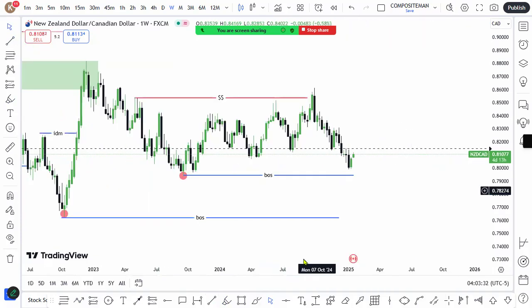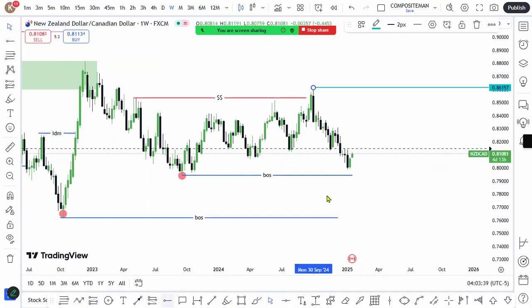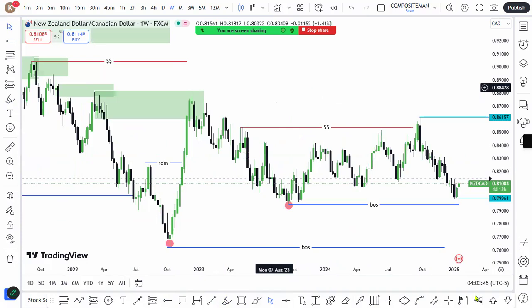So our attention now on this market structure is between this high and this low. But again, this one has a low probability because here we have some liquidity still lying around this zone.